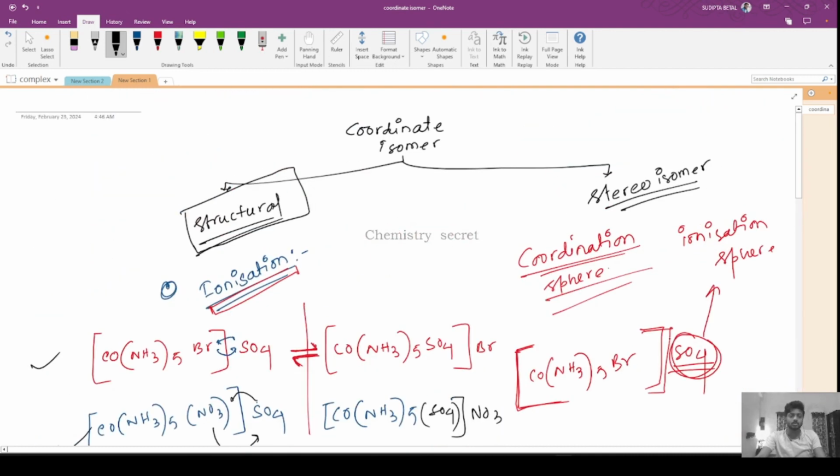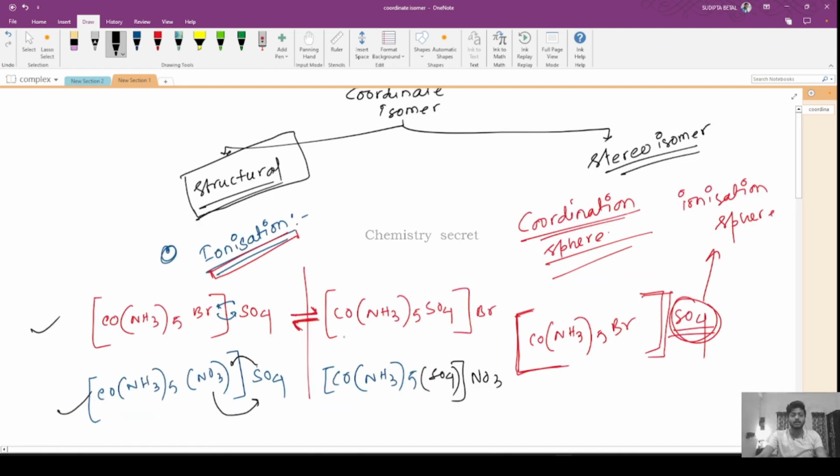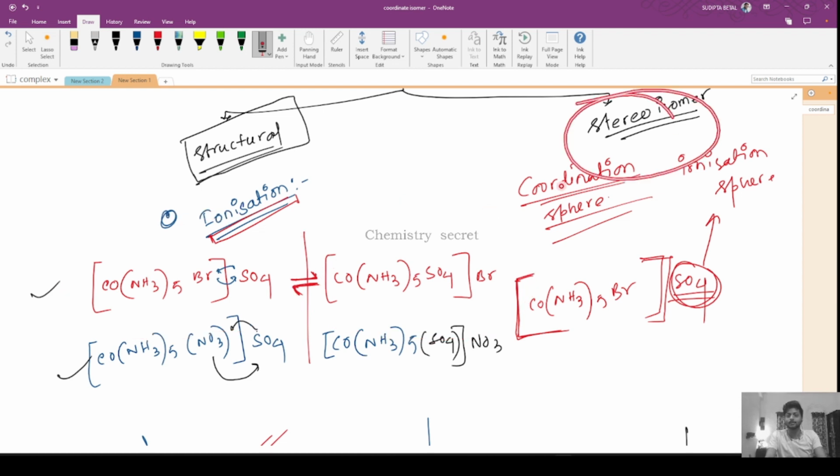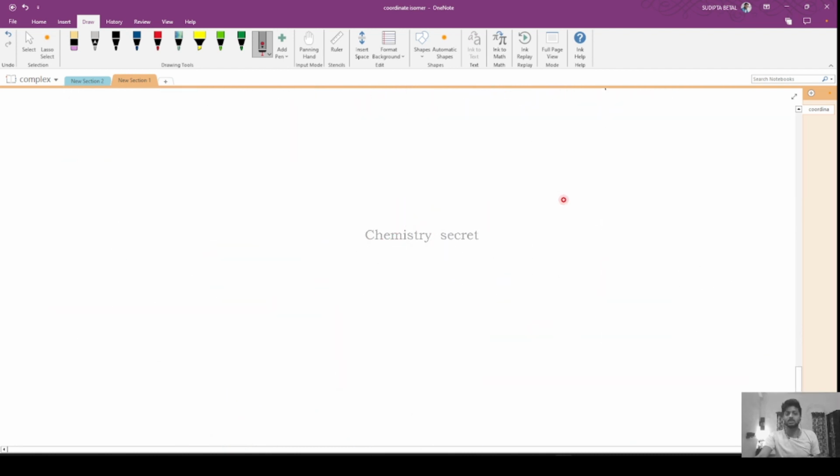We said before that in structural isomerism, the two isomers can be interconverted without breaking the metal-ligand bond. In the case of structural isomerism, this isomer and this isomer are interconvertible without breaking the metal-ligand bond. But in the case of stereoisomers, we cannot interconvert the isomers without breaking the metal-ligand bond. That means if we want to interconvert the two isomers, we must break the metal-ligand bond. Only then can we convert between the two isomers.